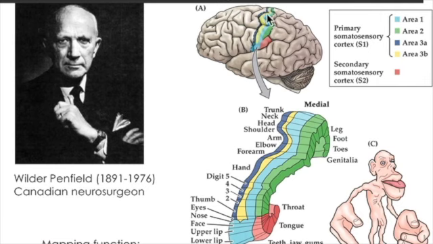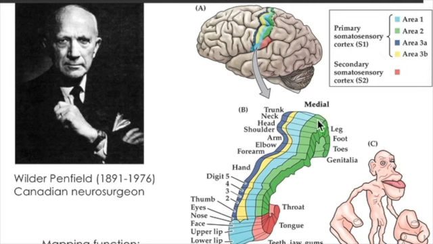It's near the middle, a little bit behind the middle line. We'll talk much more about the neuroanatomy in the next lecture. He stimulated these individual parts of the somatosensory cortex, and he realized that when he was stimulating individual parts of the cortex, the patient reported feeling sensations on different parts of their body.